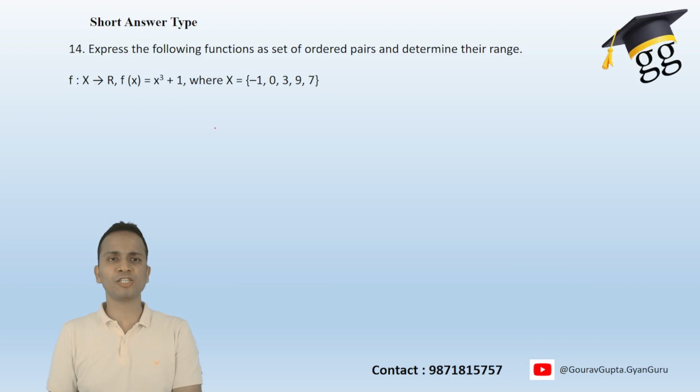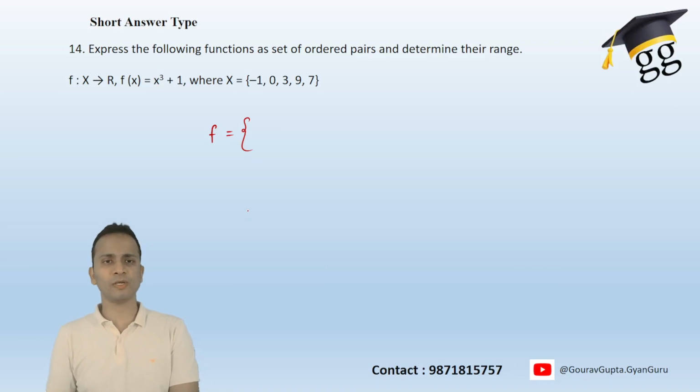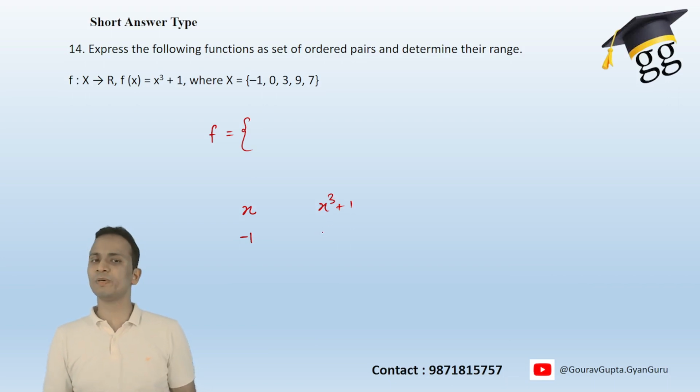So this function will be equal to, when x is minus 1, the value of y will be x cube plus 1. So let me write here, x and x cube plus 1. So when x is minus 1, minus 1 cube is minus 1 and then plus 1, it will become 0. You can solve it separately.